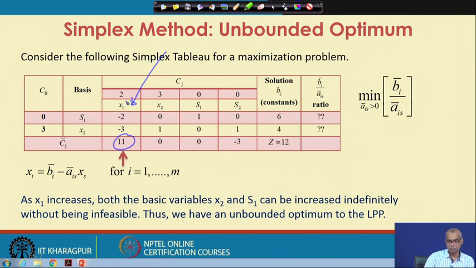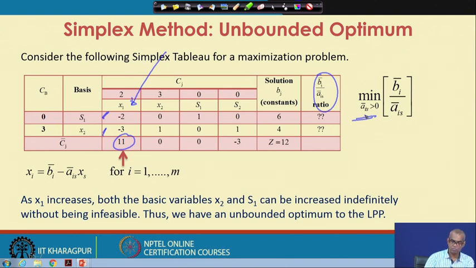Now, the constant coefficients in this x1 column are both negative. So, I cannot find this ratio. Minimum ratio cannot be found because ais is not greater than 0.